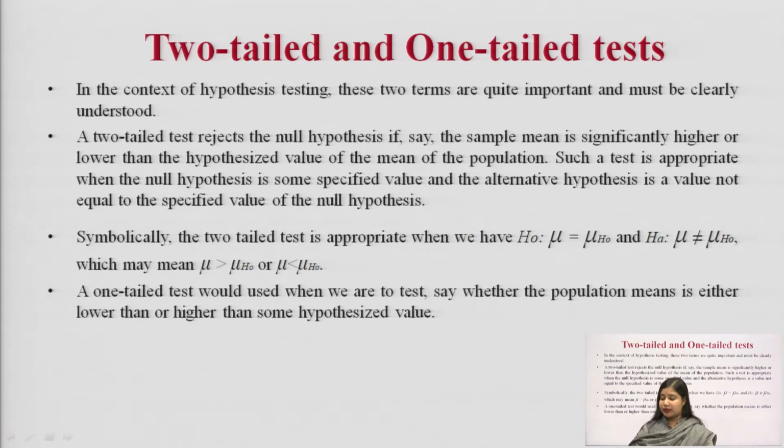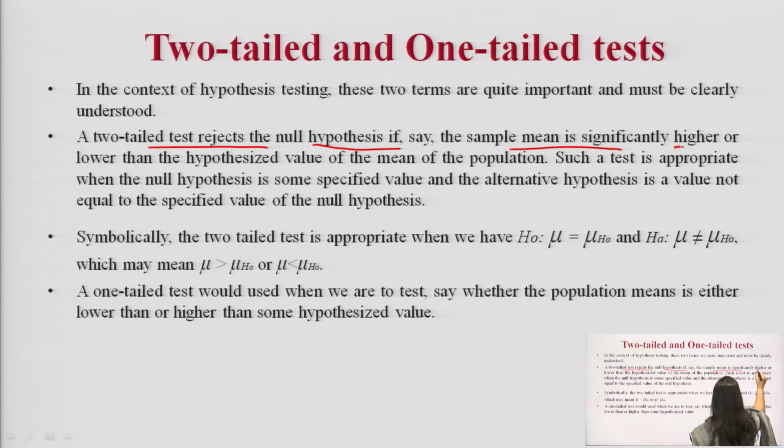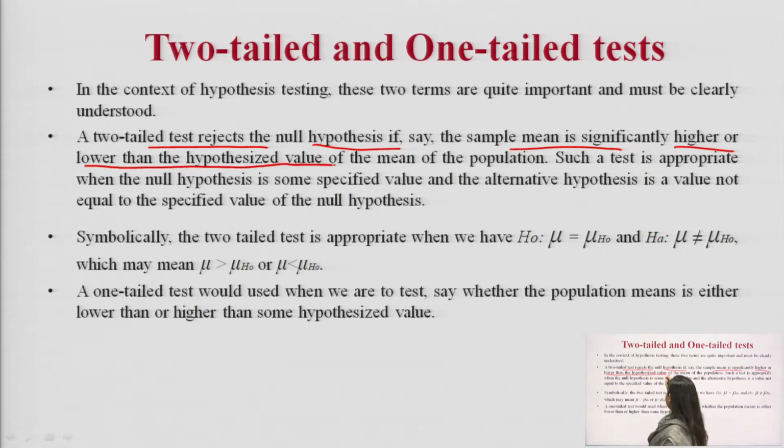The two-tailed test rejects the null hypothesis if the sample mean, whatever mean we get from our sample, is significantly higher or lower than the hypothesized value of the mean of the population.